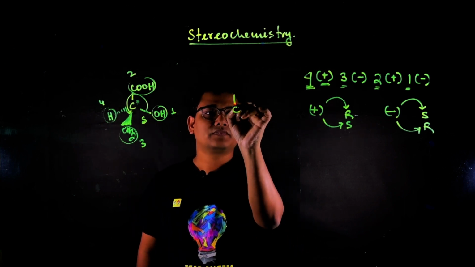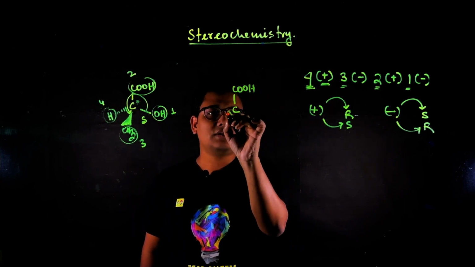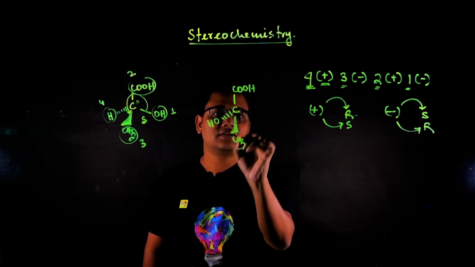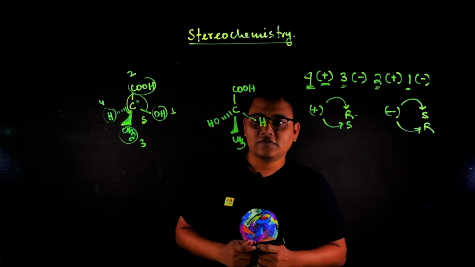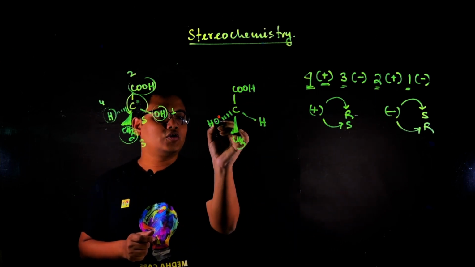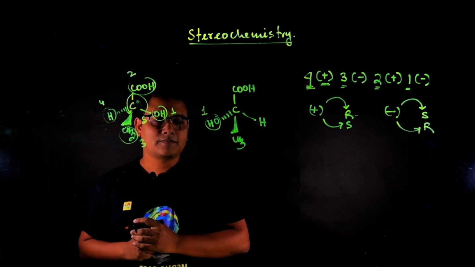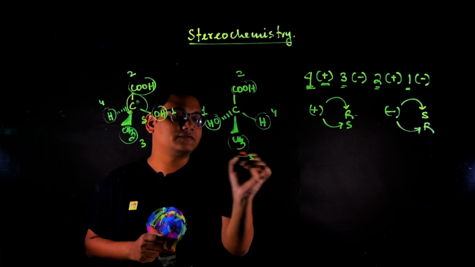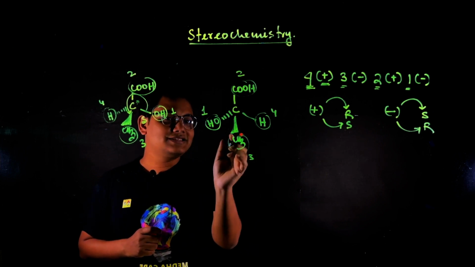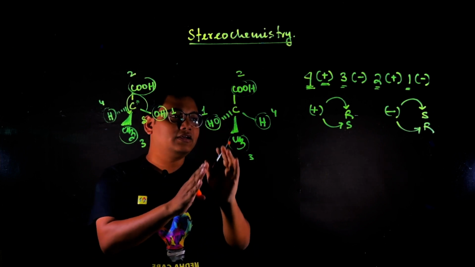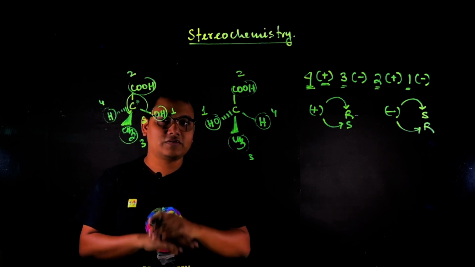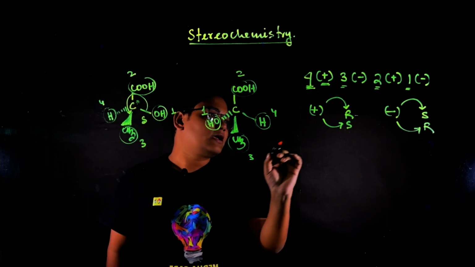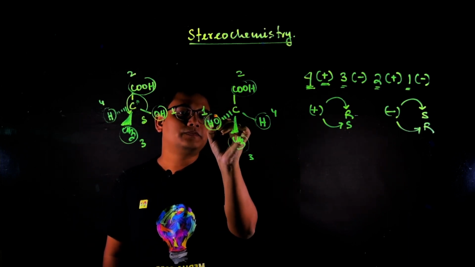For example, if this group OH is below the plane, and here is the CH3 and here H. Now you can see that group number 1 is below the plane, here group number 2, this is group number 4, and this is group number 3. As group number 1 is below the plane, you cannot apply the direct CIP rule here, because according to the CIP rule, the fourth group should be below the plane.